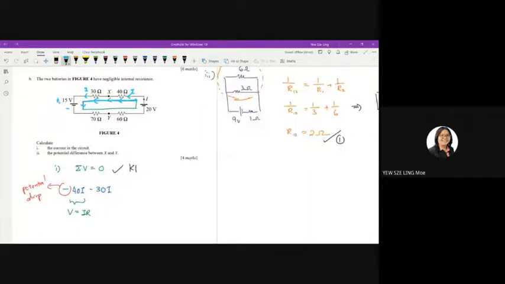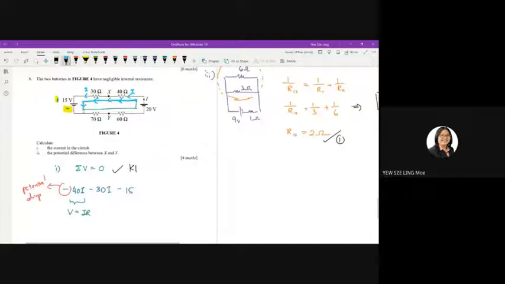If it's traveling from positive to negative, once again it experiences a potential drop, because it's traveling from higher potential, the positive, toward lower potential, the negative end. So another potential drop: minus 15.